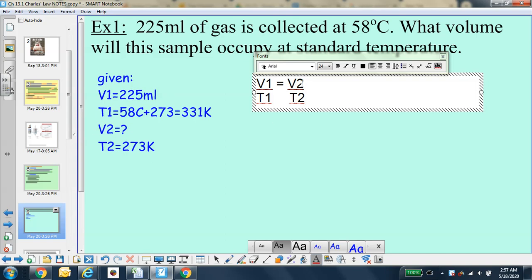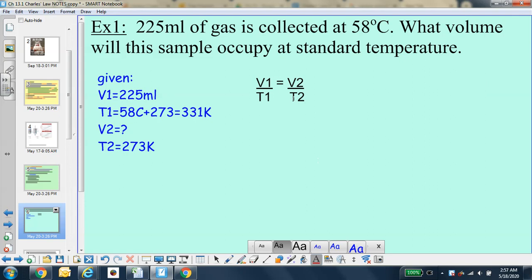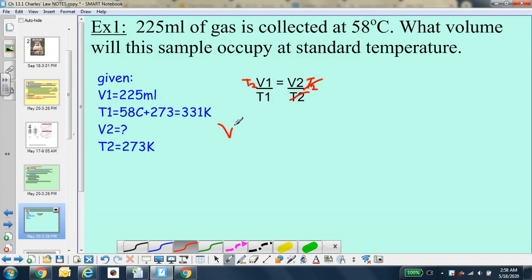Volume 2 is already in the numerator position. So what we need to do is undo the division of temperature 2. So we're going to put T2 on top on both sides. T2 will cancel here. And look, we've got V2 by itself, our unknown variable, on one side, with all of our known variables on the other side.